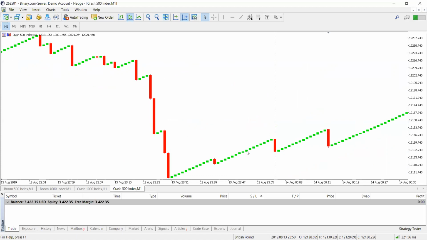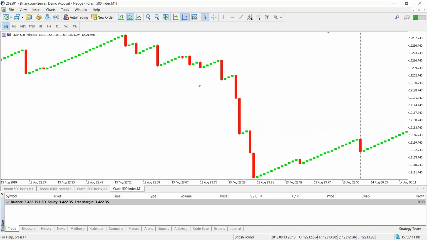Because if you enter, say, oh, it's on a buy, and then you start entering, then these crashes catch you. Okay. Here is another very delicate moment where the crash happened, and then this series of crashes happened. So how can you avoid getting caught up in these kinds of crashes?